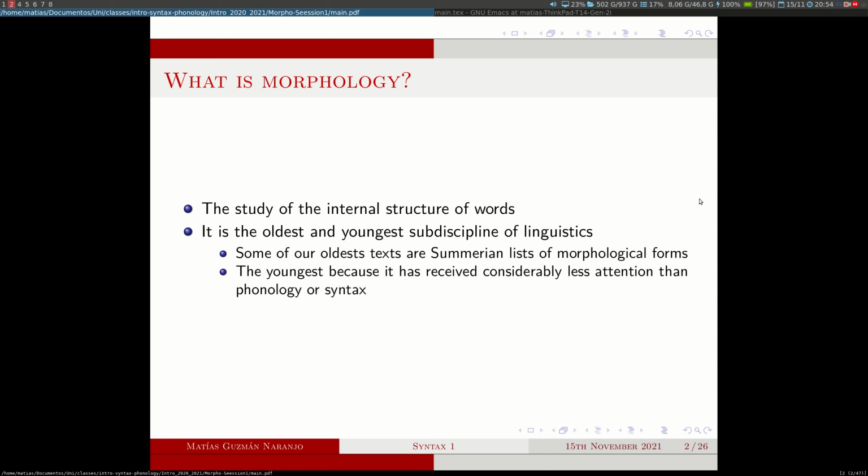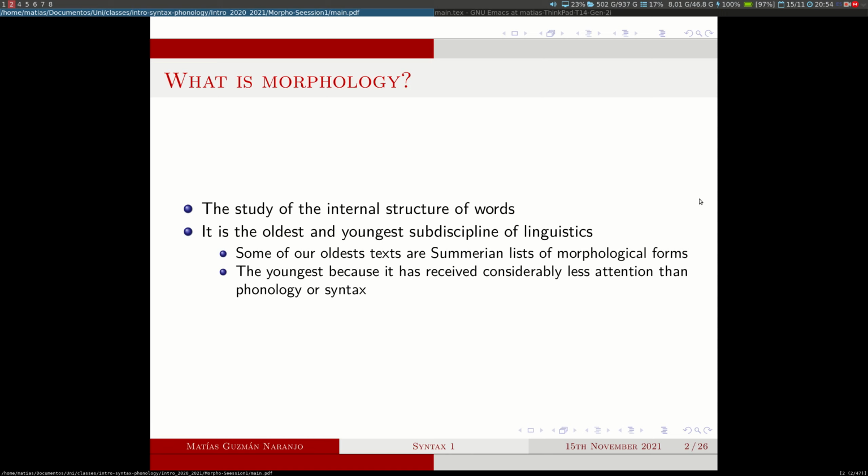It is the oldest because the earliest linguistic descriptions that we have are some very old Sumerian texts with lists of inflected words in Sumerian, at a time where Akkadian had replaced Sumerian as the spoken language. However, Sumerian was still spoken as a high prestige language and still learned. So these are probably the first morphological analyses that we know of.